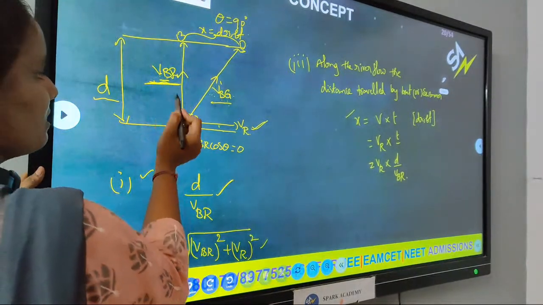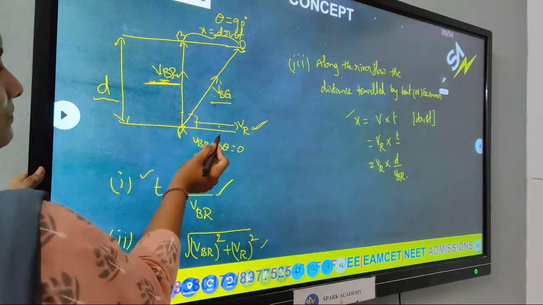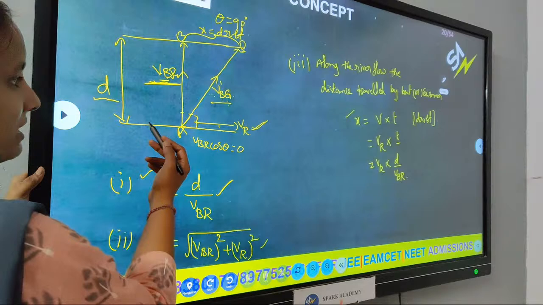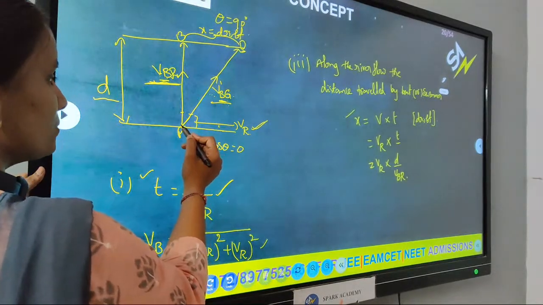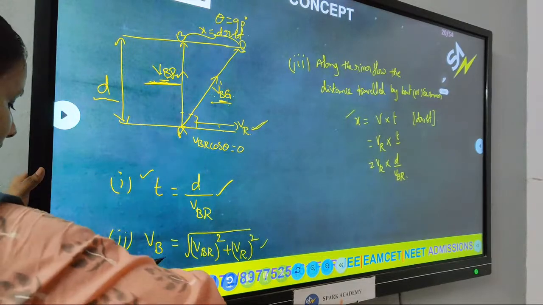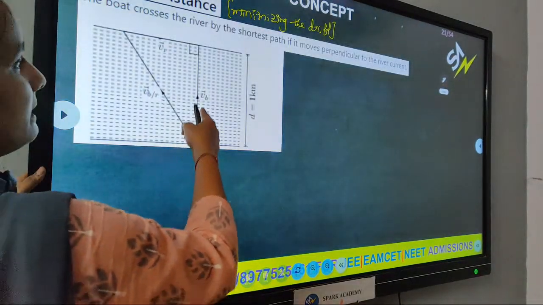So if VBR is opposite to the river flow, if he is making angle theta opposite to river flow, meaning upstream, then the net actual boat velocity will be perpendicular to the opposite bank. Then that is the shortest path he can travel.